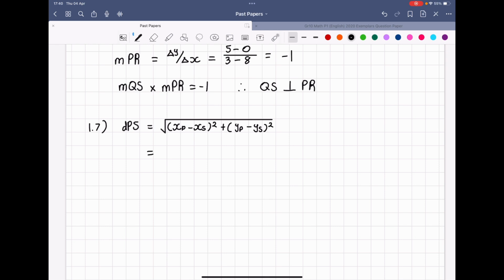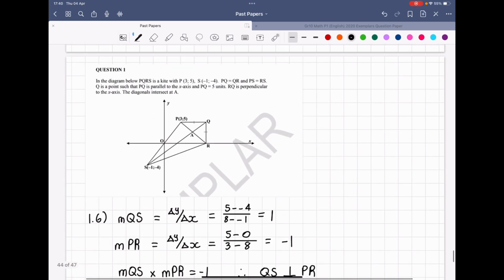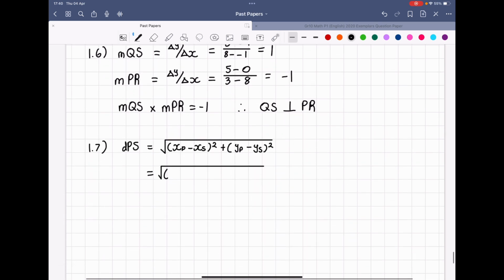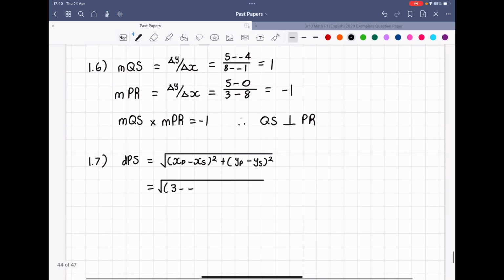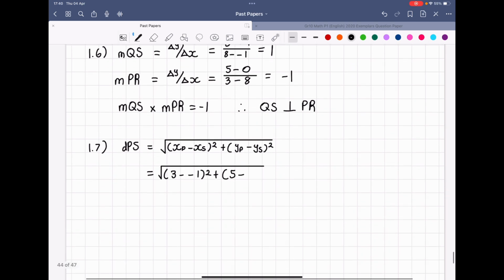And I'm going to substitute in the values. So xp was 3, and that's minus xs, which is minus 1, all squared, and the y of p was 5, minus the y of s, which was negative 4.